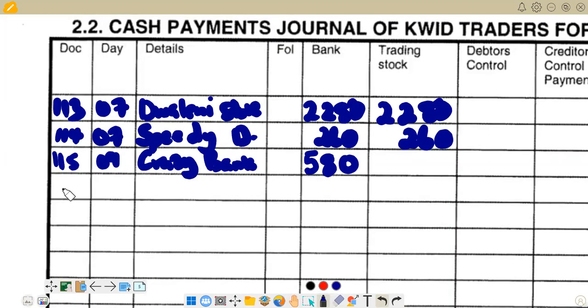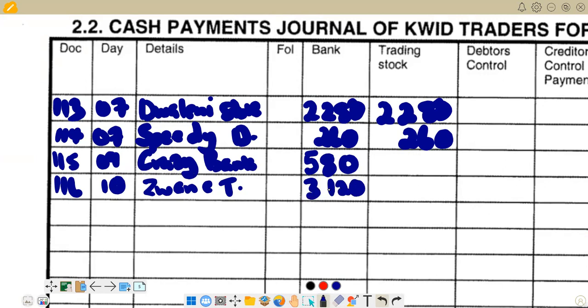So remember here, we can put 116. And then on the day, remember we are given, this is 10. And we are paying Squally Traders. So we can say Squally Traders. And then the amount that we have there is 3,120. We put it on the bank column, 3,120.